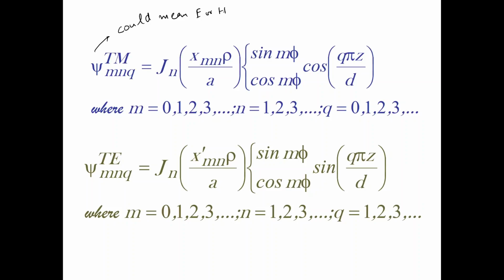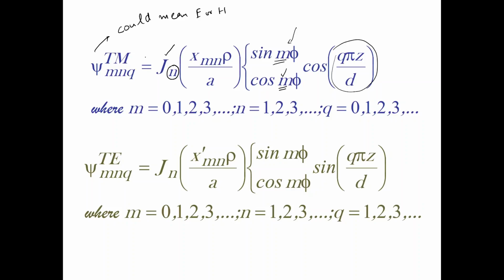In psi, we have your Bessel function of nth order, which would depend upon the value of n, and in the z direction you now have a cos function present.